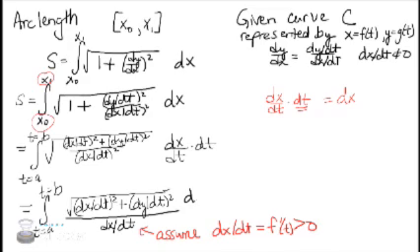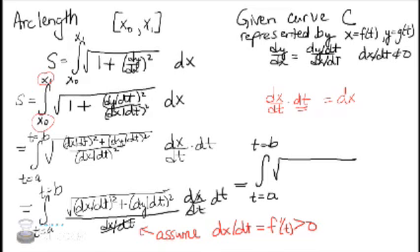But assuming it's positive, we can cancel here and here. And so we have this handy little formula for arc length from t equals a to t equals b: the square root of (dx/dt) squared plus (dy/dt) squared, times dt.